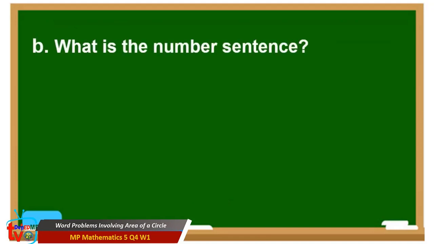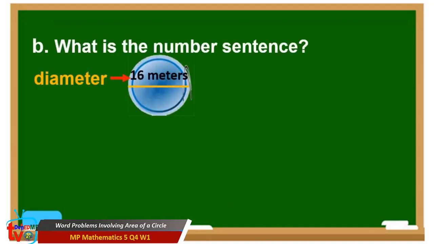What is the number sentence? We are going to use the given in the problem, which is diameter of 16 meters, in formulating our number sentence. So, if the diameter is 16 meters, the radius will be 8 meters.